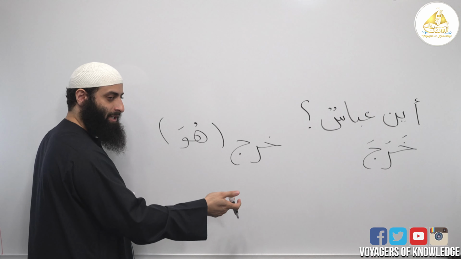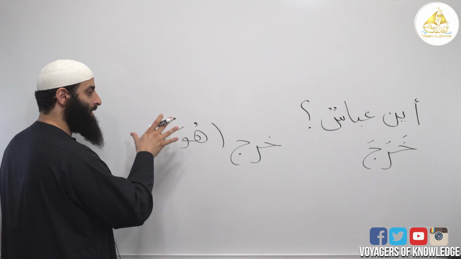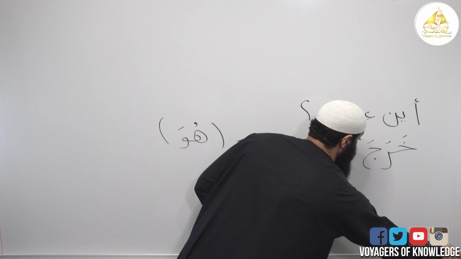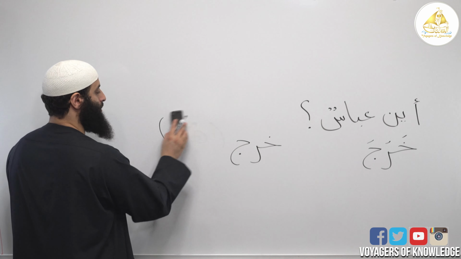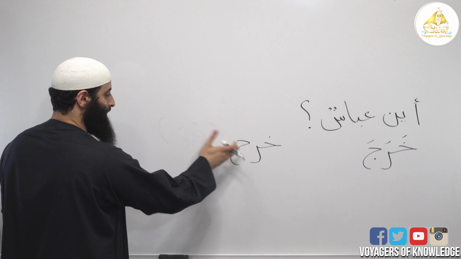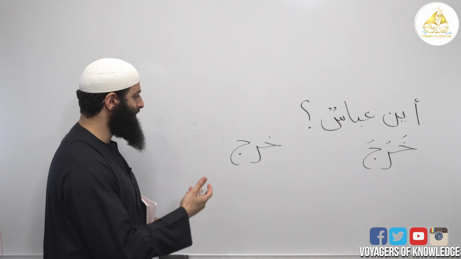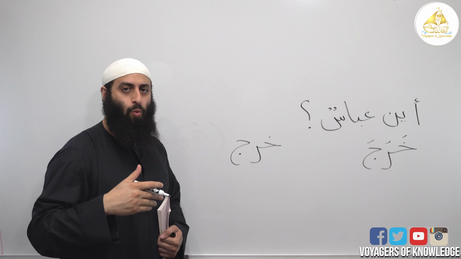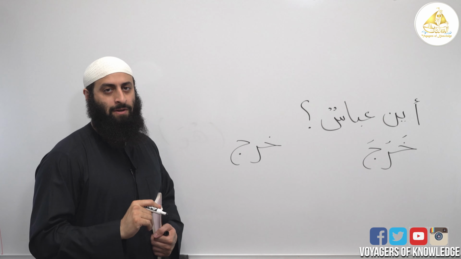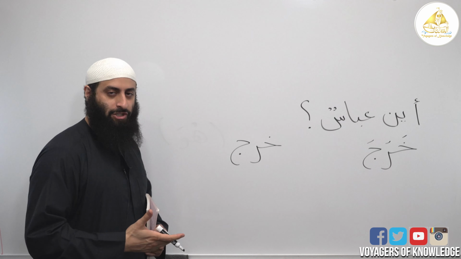No, we don't, but it is a hidden pronoun that is already and always there and it's not supposed to be written. Kharaja huwa doesn't need to be said. You say kharaja. That automatically means he, and what does that word mean? He went out. He exited. He left. All of that is kharaja.